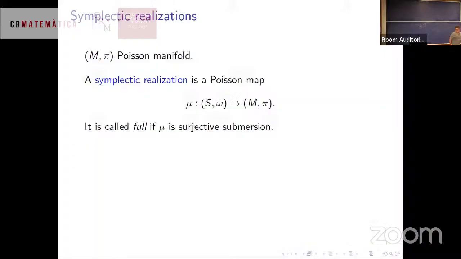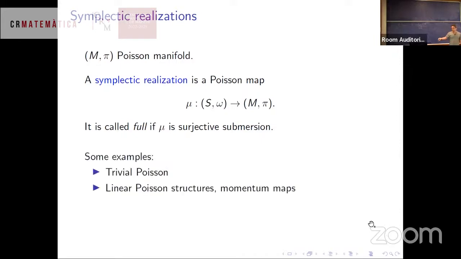Okay, so let me go over some examples. This is not working, right? It should just, oh, okay, now it is. Okay, so let me give you some examples of these symplectic realizations.